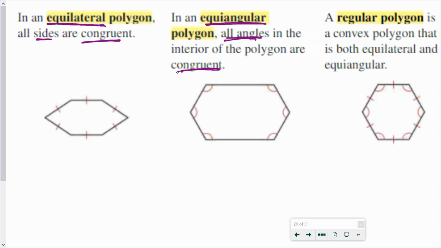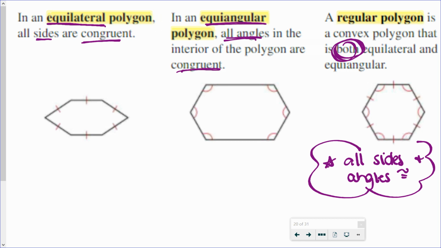All the angles on the interior are congruent. And then a regular polygon is a convex polygon where both, here's the key word, both sides and angles, or I should say equilateral and equiangular. If you want to add in there, all sides and angles congruent, okay? And then it gave you a picture there.